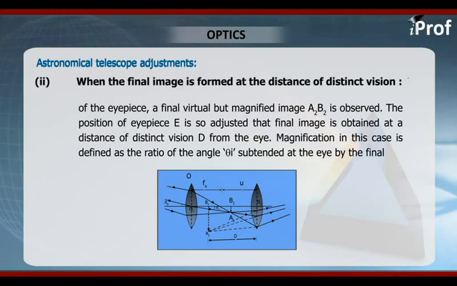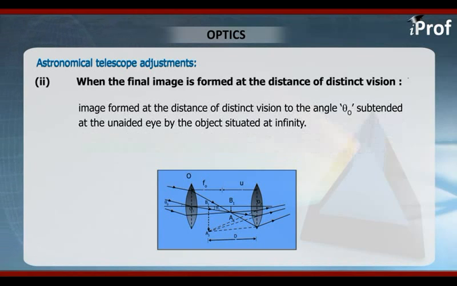The position of eyepiece E is so adjusted that the final image is obtained at a distance of distinct vision D from the eye. Magnification in this case is defined as the ratio of the angle theta I subtended at the eye by the final image formed at the distance of distinct vision to the angle theta naught subtended at the unaided eye by the object situated at infinity.